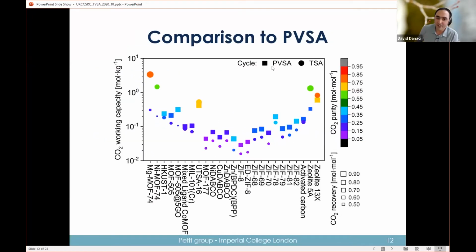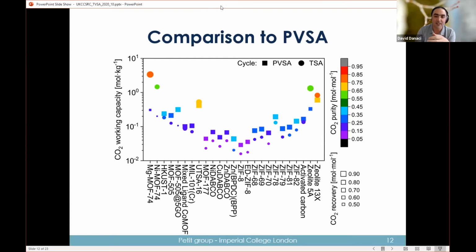So we have the PVSA points as the squares and the TSA points as the circles, with the CO2 working capacity on the y-axis. It's generally assumed that TSA will give you a higher working capacity than PVSA, just because you're exploiting, one, the heat effects of adsorption, but also because with PVSA, it's adiabatic.